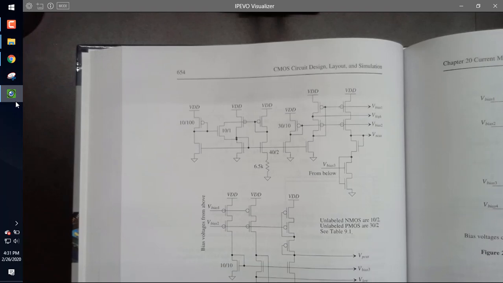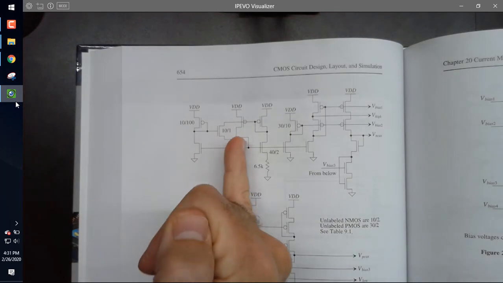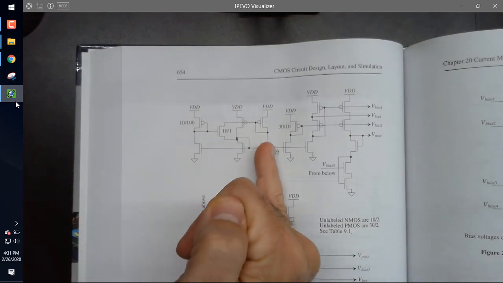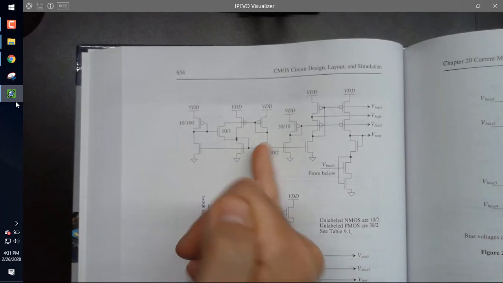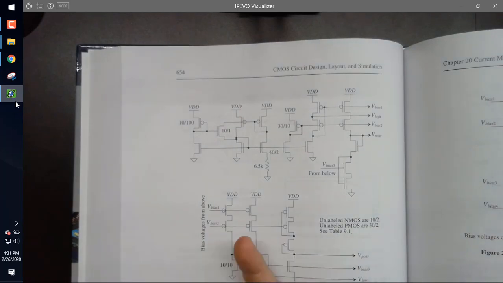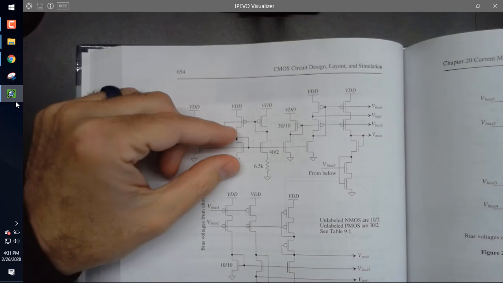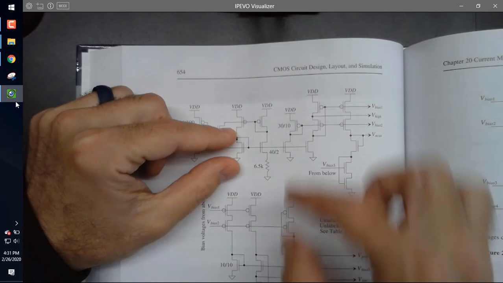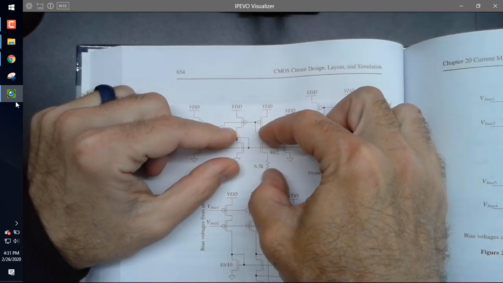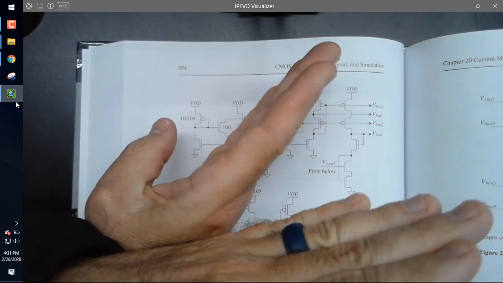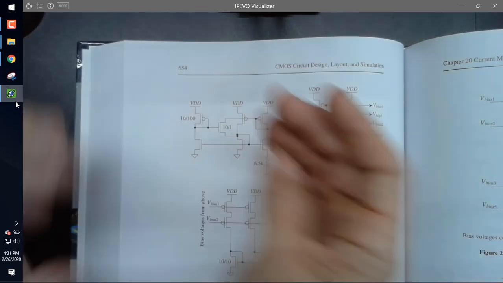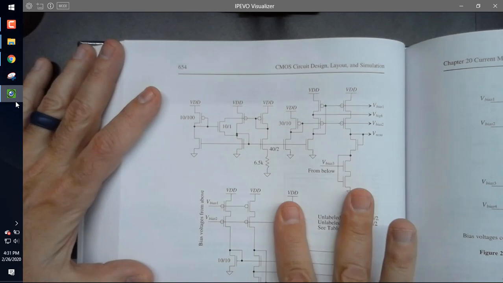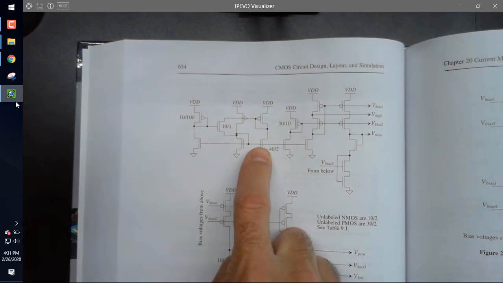Let me pause and make sure this is clear. Does everybody understand the current in here isn't going to be precisely the current in here? Why is that in simple terms? This VDS isn't going to be the same as this VDS, and when we went over this, we showed the two currents are going to be slightly different, right? But I want all of the currents in these other circuits to track and be based on only one current.